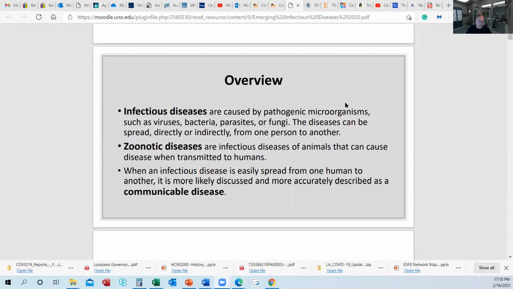We know through genomic sequencing that the same virus that exists today and was present in Wuhan in December of 2019 is the same virus that was seen in the bat population and written about in 2011, 2012. And so we know that at some point it made a zoonotic jump from bats to humans.